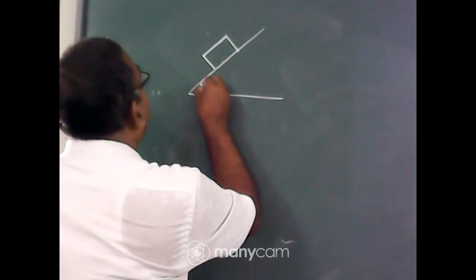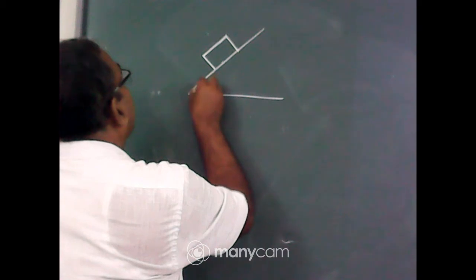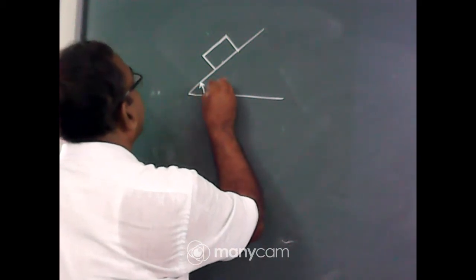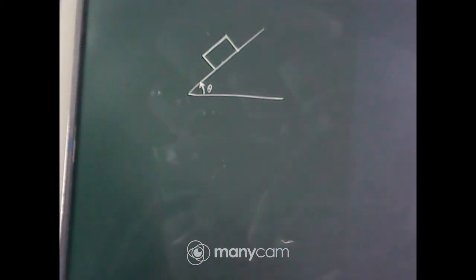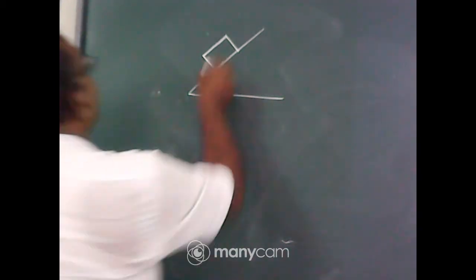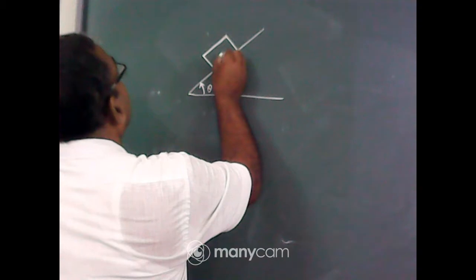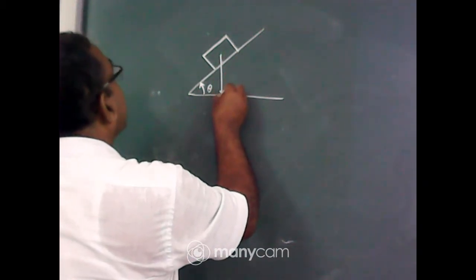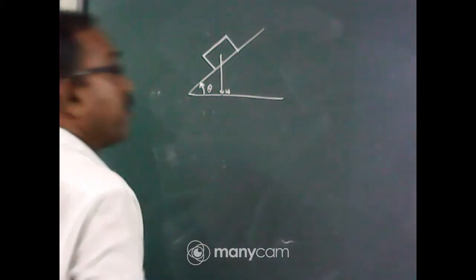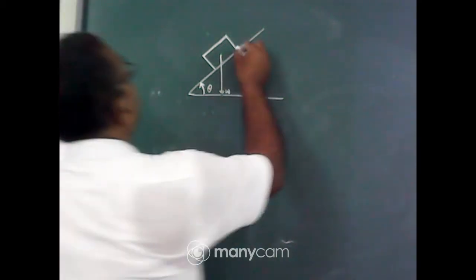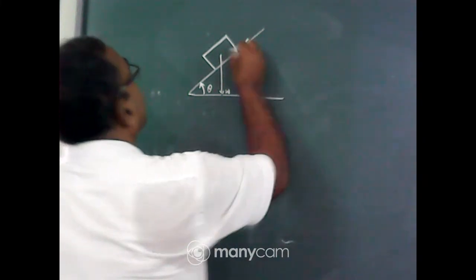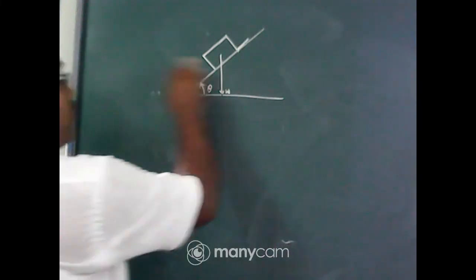The angle of inclination, that is the angle of repose, you consider as theta. The object is here. The weight of this object acts vertically downward, and the frictional force acts opposite to the direction of motion, so the object will be at rest.